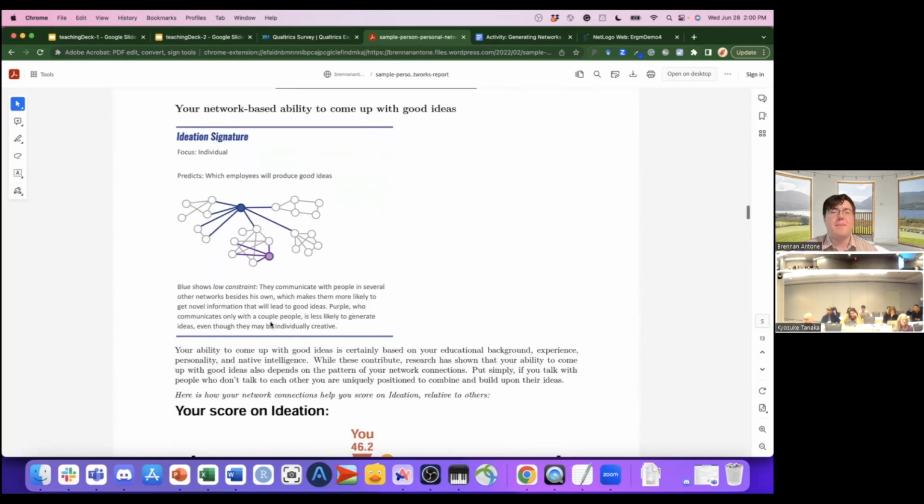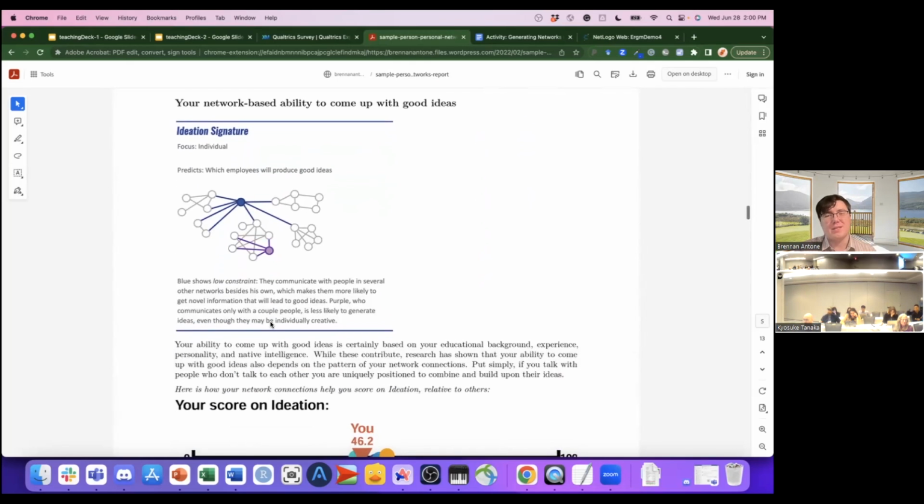Then it's going to walk you through 6 different sections that talk about different properties of your network. Each of these properties is called a signature. There's 6 signatures, and they talk about abilities that your network gives you the capacity to do.